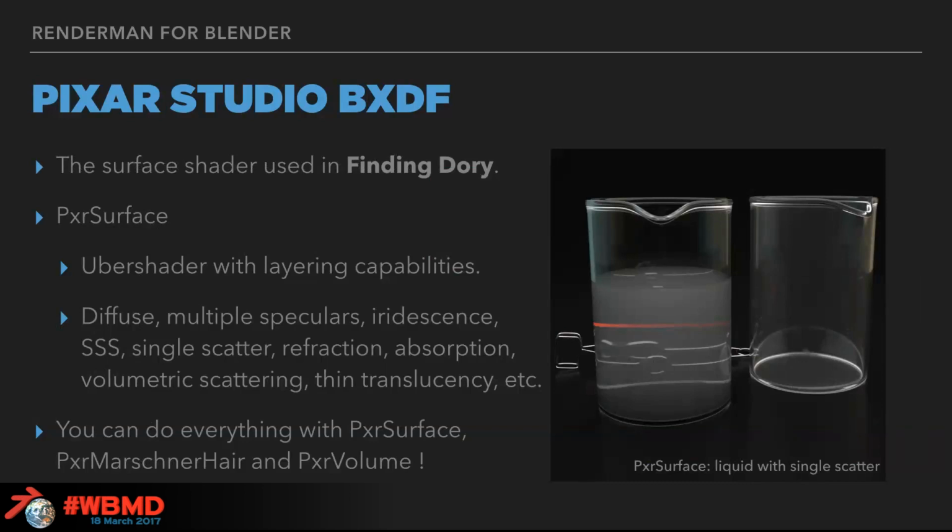It's similar to the Disney shader, but it lets you layer stuff. So with the Disney shader, you can't layer. But it lets you do stuff like diffuse, multiple specular lobes, subsurface scattering, thin translucency, and pretty much everything in Finding Dory was done with Pixar Surface, Marschner Hair, and our volume shader.